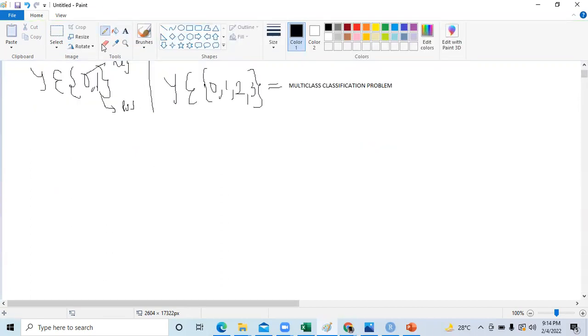So let's see how a logistic regression problem looks on the graph. So we'll have something like this, right? And then we have the x-axis like this. For example, we are using the tumor size to determine whether a tumor is malignant or not. So here we have yes.